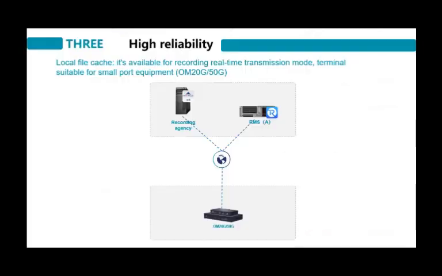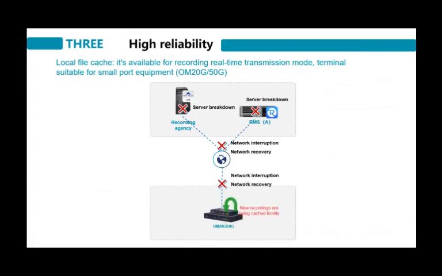Here, the customer requires high reliability. So we have a local file cache, which is available for real-time recording and real-time transmission of recording. Once the server has a breakdown, as you can see here, it has a local cache.